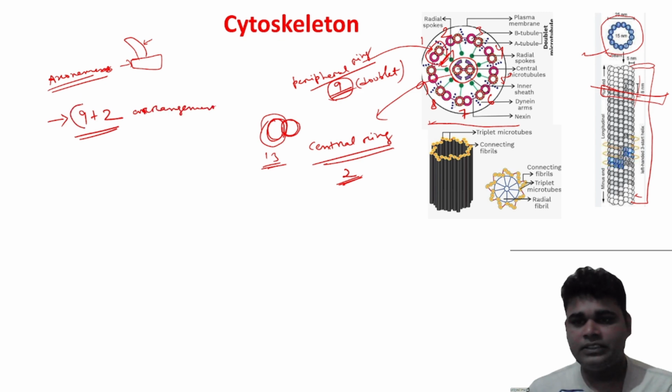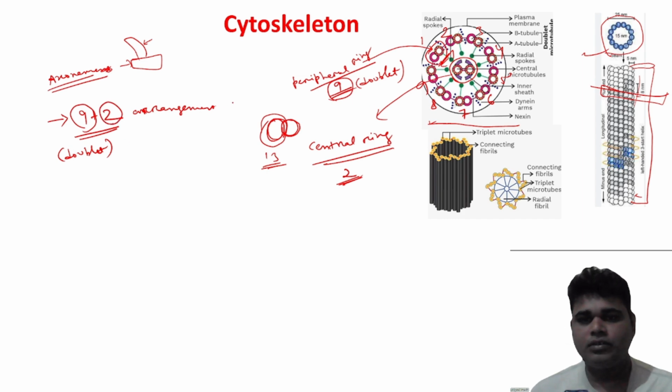So 9 means in the peripheral structure, 9 microtubule structures are present, which are doublets. But here the 2, that means single structures, are present twice. This is one single structure, this is another single structure.